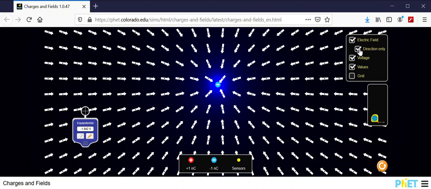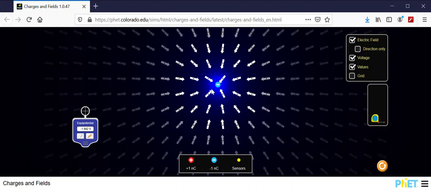Then we can try to show the magnitude by removing the direction only option. Where there is more light, the electric field is supposed to be larger, and where there is less light, it's supposed to be smaller.